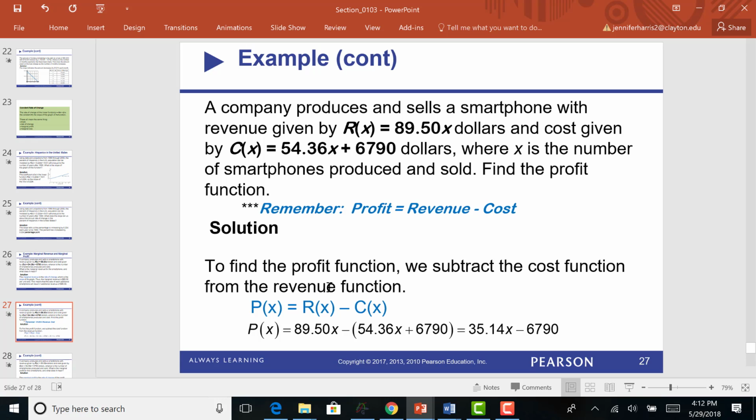Let's see what the first part of the paragraph is the same. The last sentence in the first paragraph, what does it say? Find the profit function. Is there a difference between profit and revenue? Okay, so there is, but how do you get profit then?